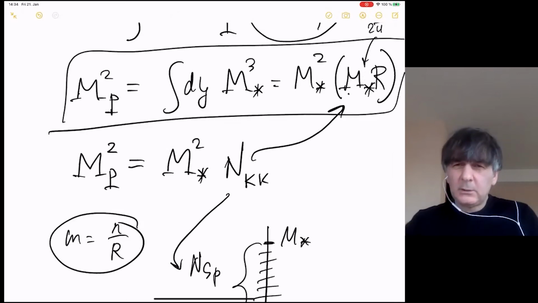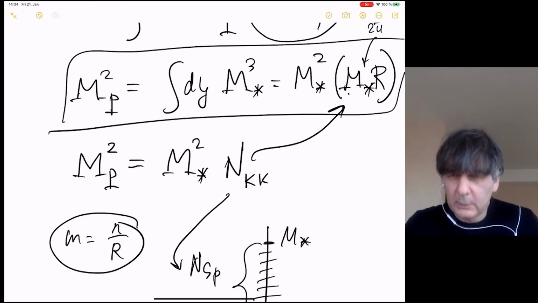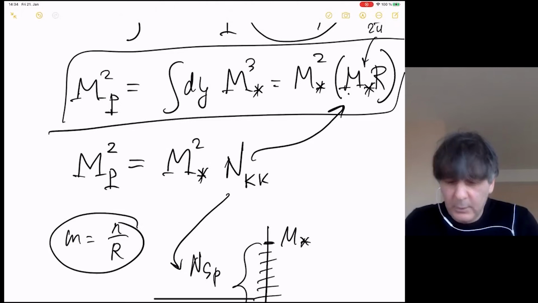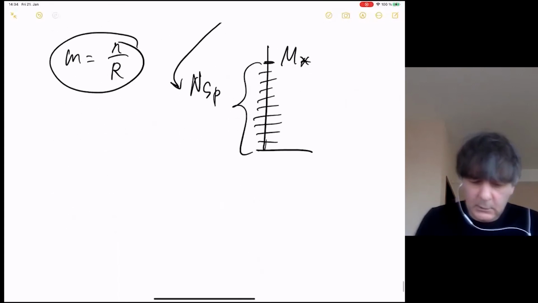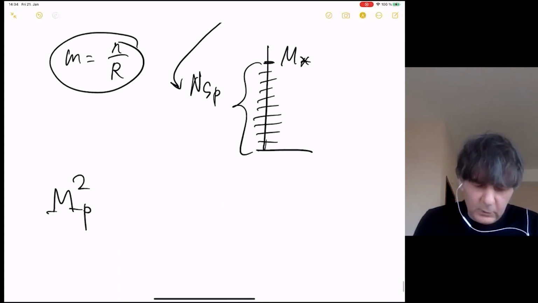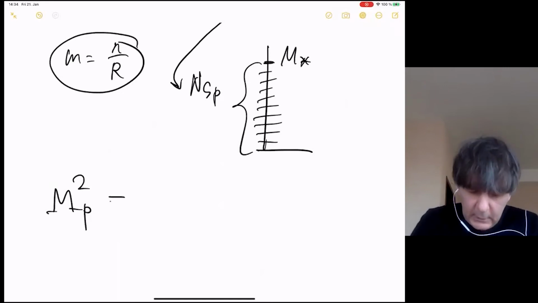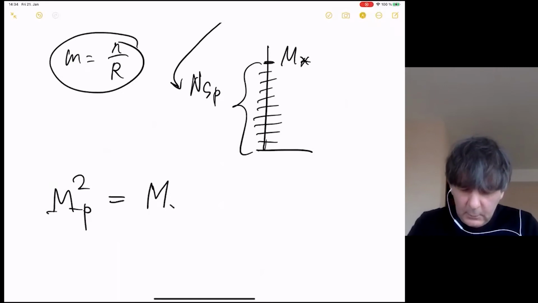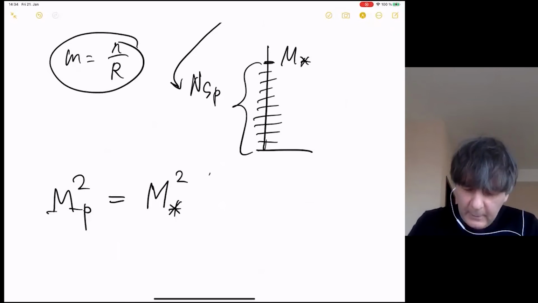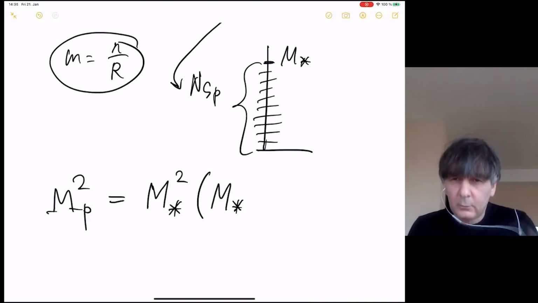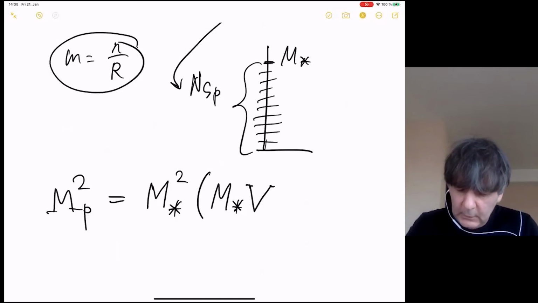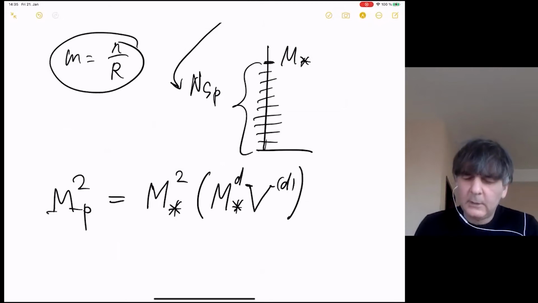Now this generalizes to an arbitrary number of extra dimensions. If I have n extra dimensions, we will have the same thing. The 4-dimensional Planck mass squared is the fundamental Planck mass squared times M star in units of the compactification volume of the d-dimensional internal space, times M Planck.